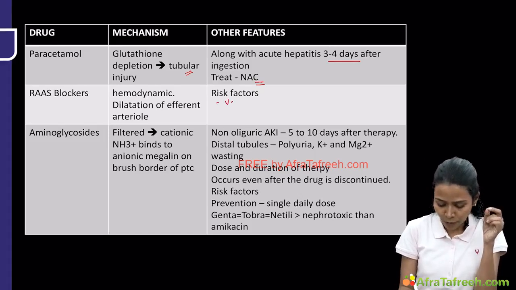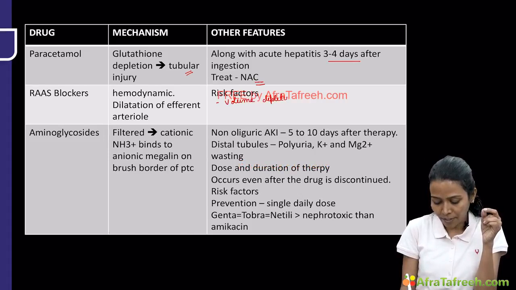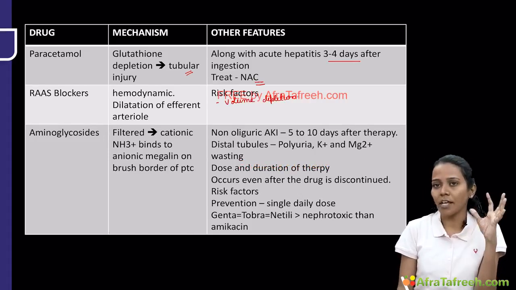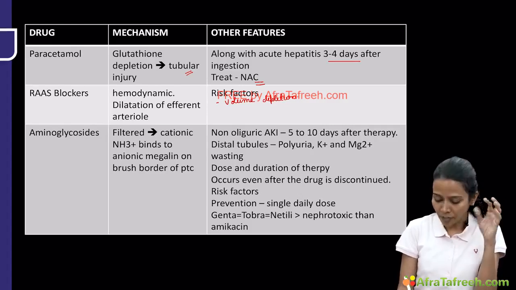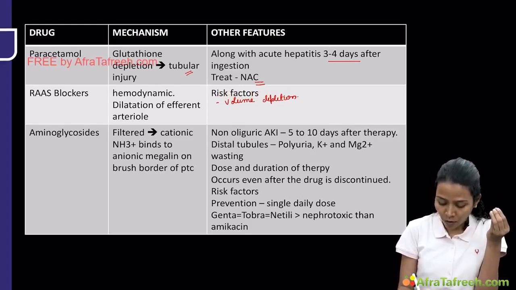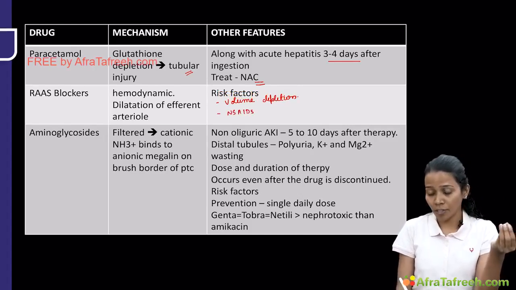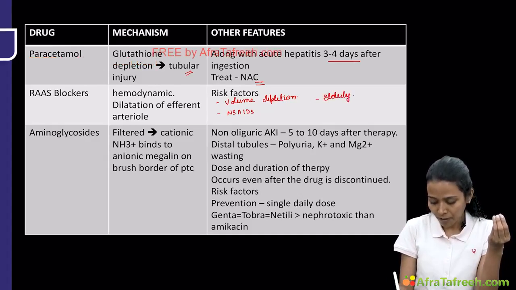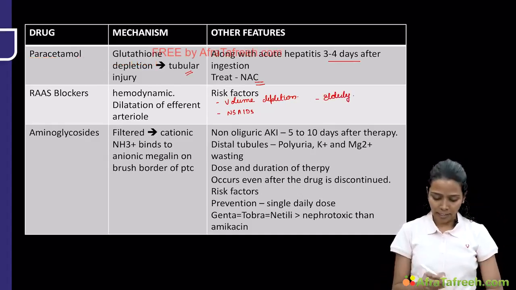If there is any situation of volume depletion, like the patient having diarrhea, excessive diuresis from diuretics, or fever, or if the patient is taking some coexisting nephrotoxic agent like an NSAID, or the patient is elderly, then it can cause AKI easily.